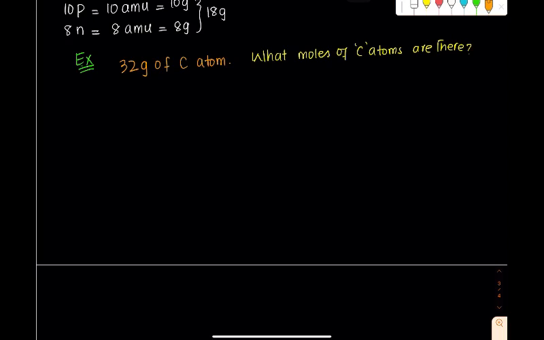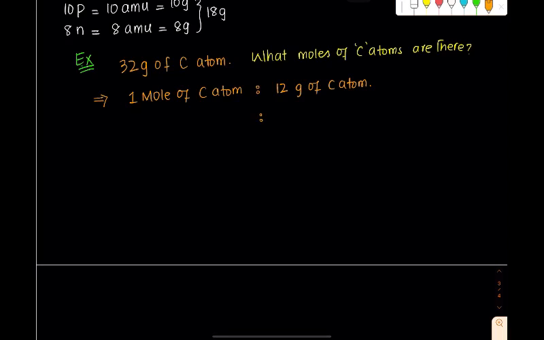We have a pretty good convention, and that tells us that if I have 1 mole of carbon atom, this is equal to 12 grams of carbon atom, which is a convention coming from the definition. So if I have, let's make it into a ratio.